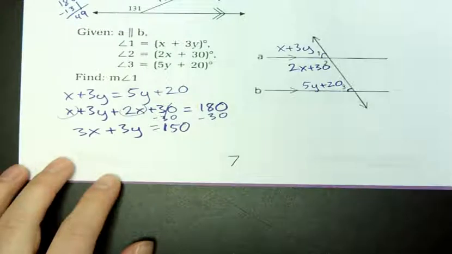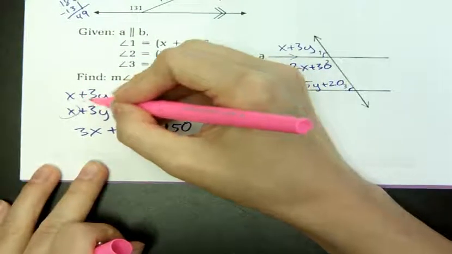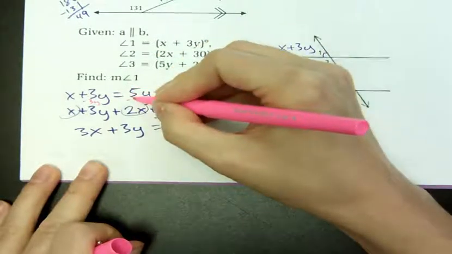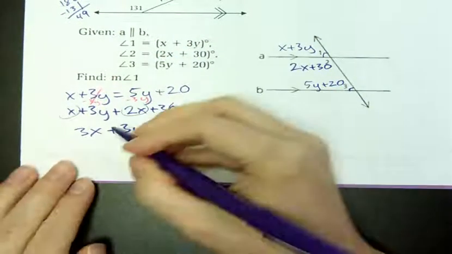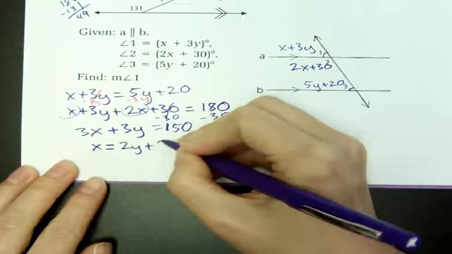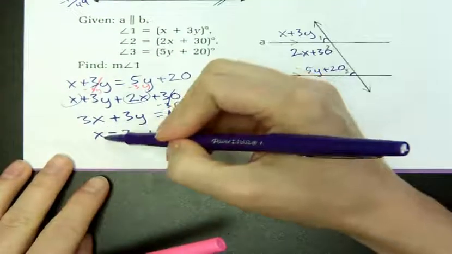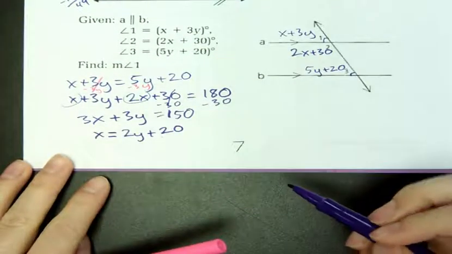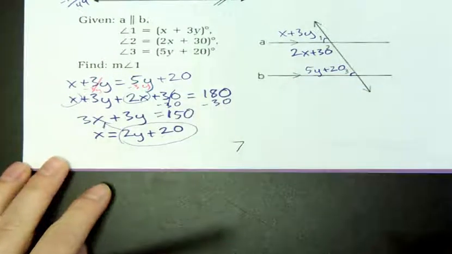Okay, we'll do substitution. So if I'm doing substitution, I'm first going to go ahead and simplify this so that I now have x equals 2y plus 20. Okay, so if I'm doing substitution, what I have to do is solve one of my equations so that a variable is by itself. And then I just take this and plug it into the place of x.